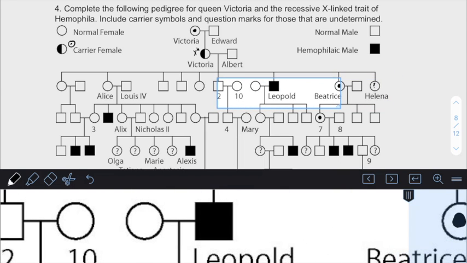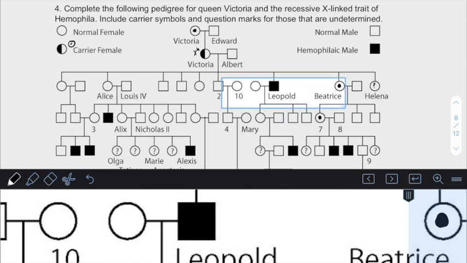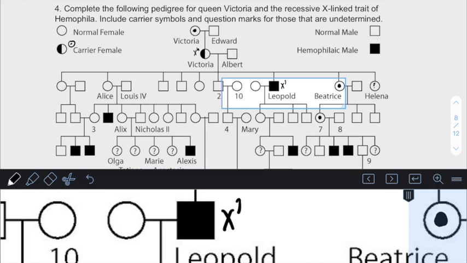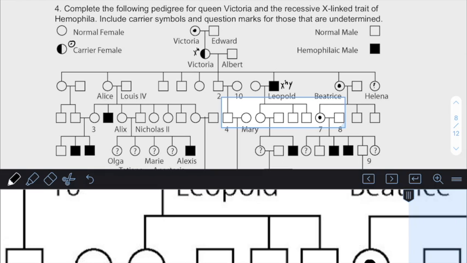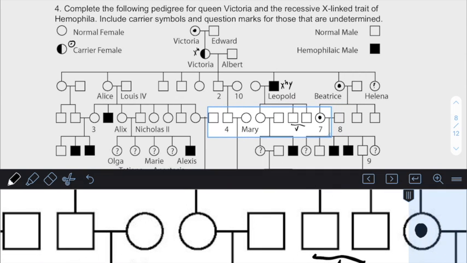Over here we have Leopold. Leopold had an X chromosome with the hemophiliac condition, and he donated that to his children, but not to his sons. So these ones are clear. They're fine. But this one daughter here would have inherited his hemophiliac chromosome, no matter what.